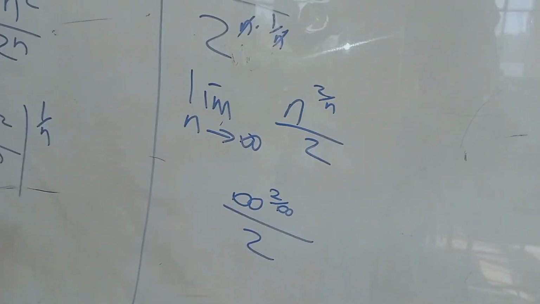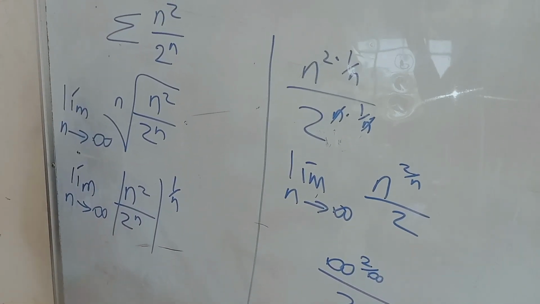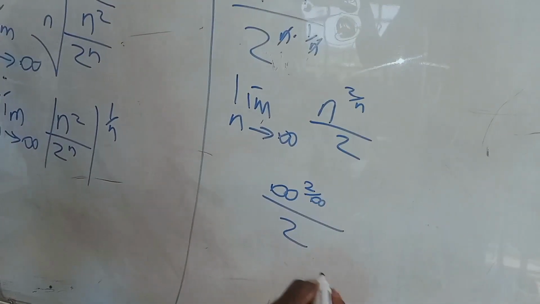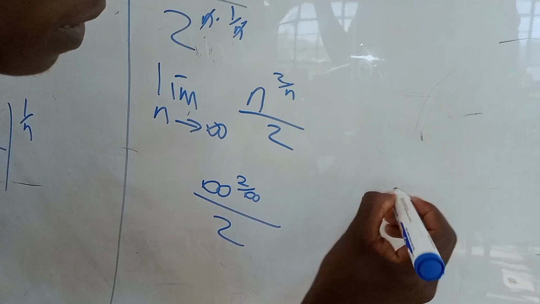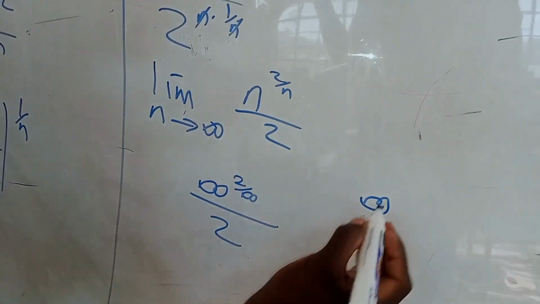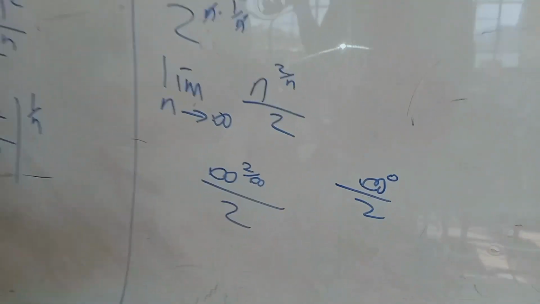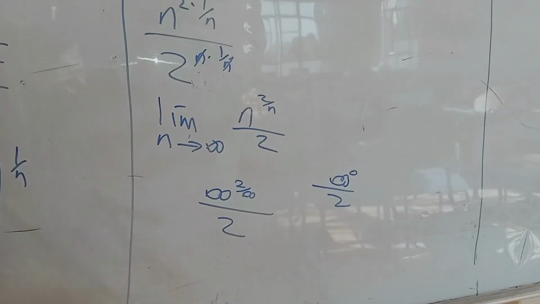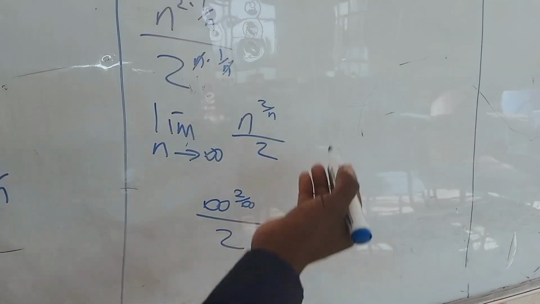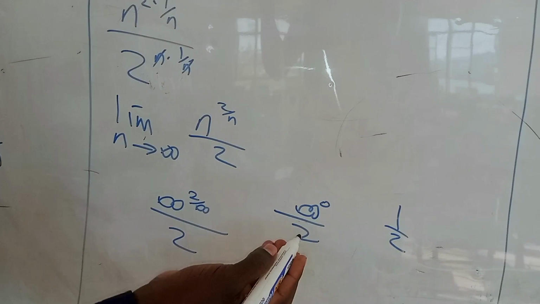It will be infinity power 2 over infinity, over 2. And remember, if you divide a number by infinity, you get 0. So 2 divided by infinity is 0, and you get infinity power 0. Remember that anything power 0 is 1. So the numerator will be 1 over 2.